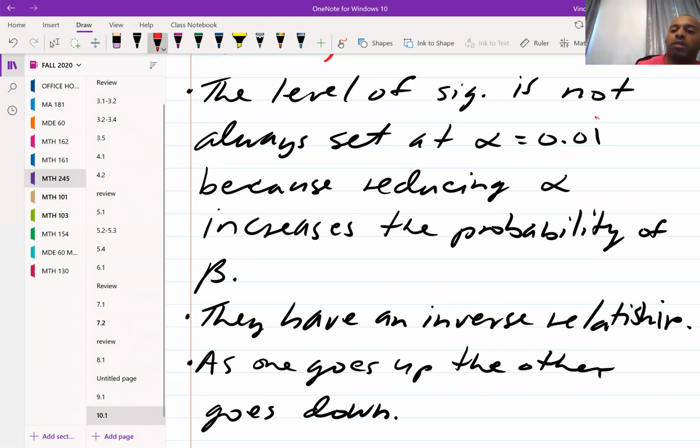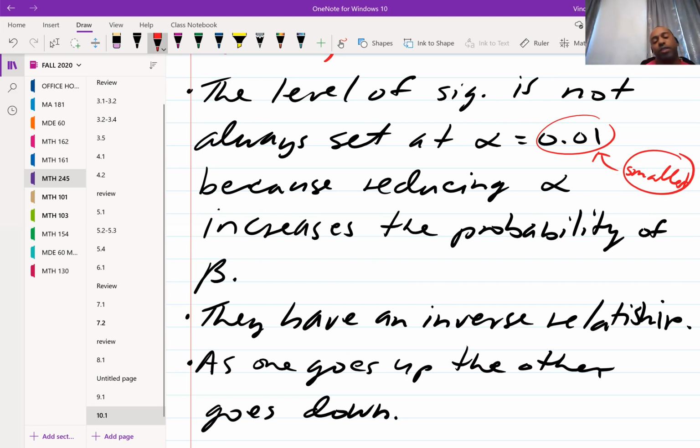Remember, that was the smallest option. So you would think that you want to decrease your chance of making a type 1 error to the smallest probability possible. But when you reduce alpha, that increases the probability of beta. Remember, beta is a type 2 error. So when you reduce the chance of getting a type 1 error, you actually increase the chance of getting a type 2 error.